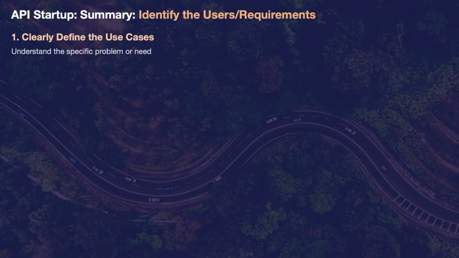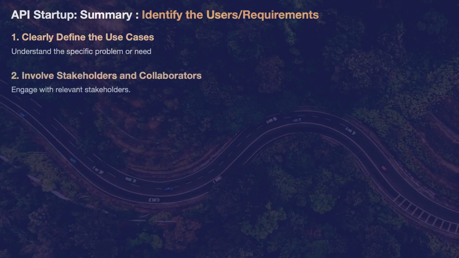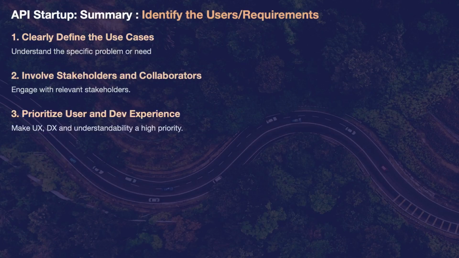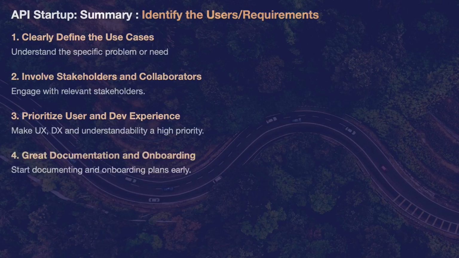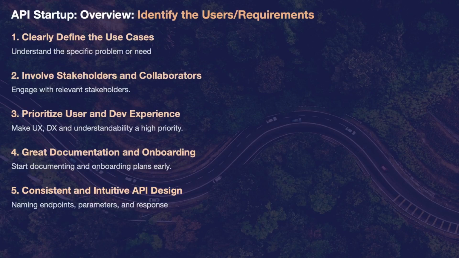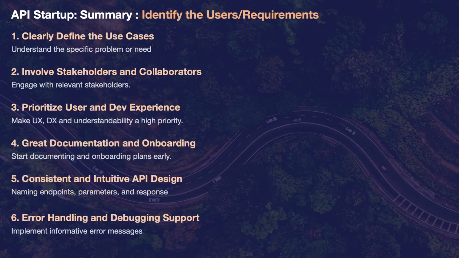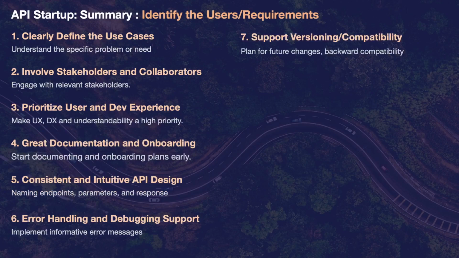1. Clearly define the use cases. Understand the specific problem or need. 2. Involve stakeholders and collaborators. 3. Prioritize user and dev experience. 4. Great documentation and onboarding. 5. Consistent and intuitive API design with best practices. 6. Error handling and debugging support. 7.